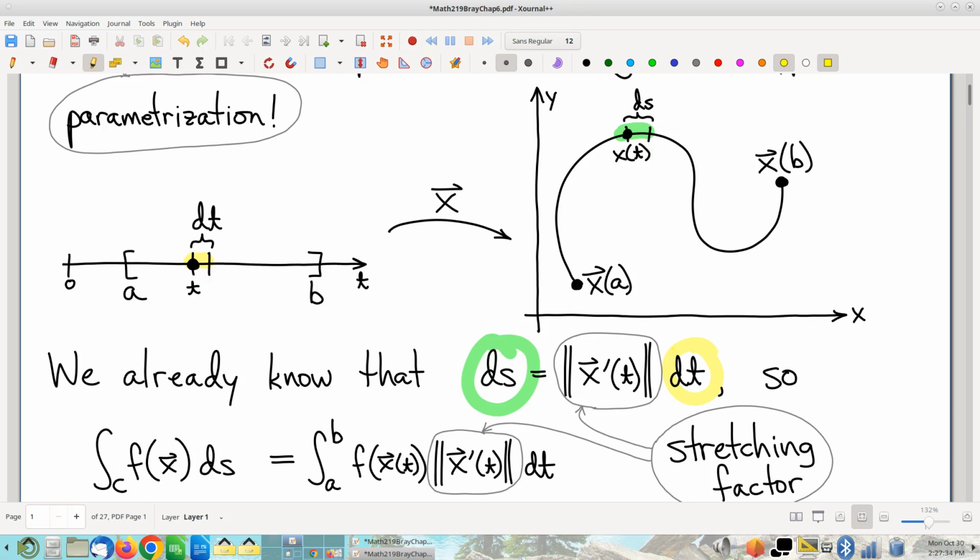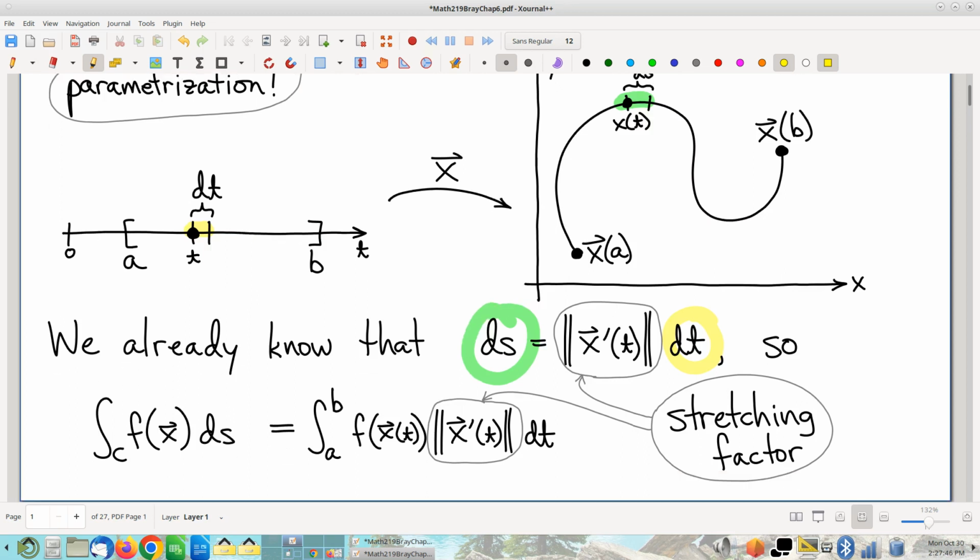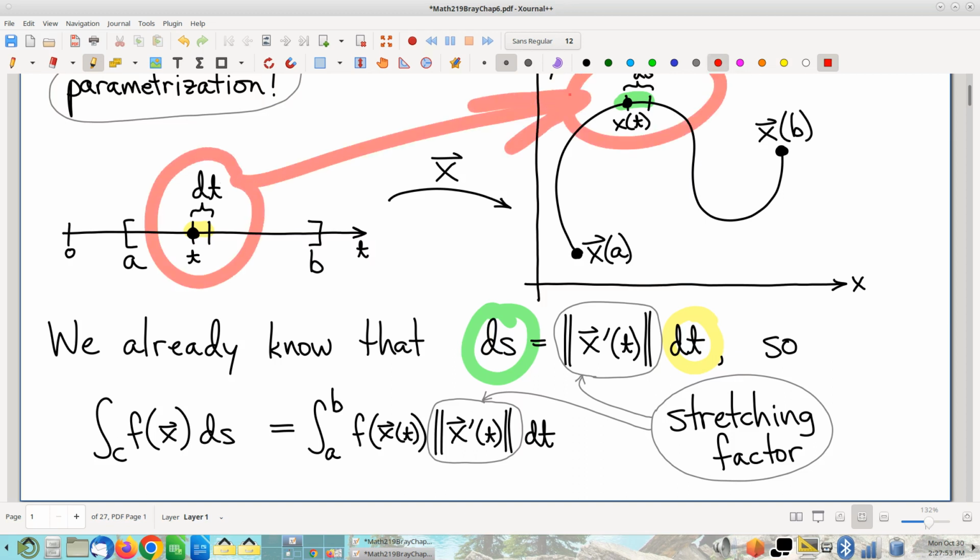What do you multiply by dt to get ds? Let me say that differently. What do you multiply by time to get distance? Well, how about distance per unit time? Speed. Right? And so that is, in fact, our stretching factor here. The thing that you do to dt to get ds.